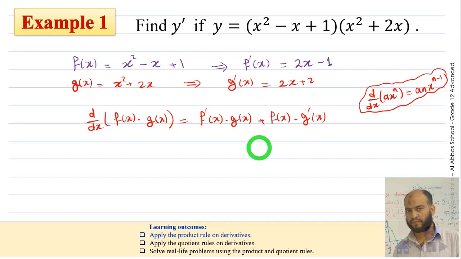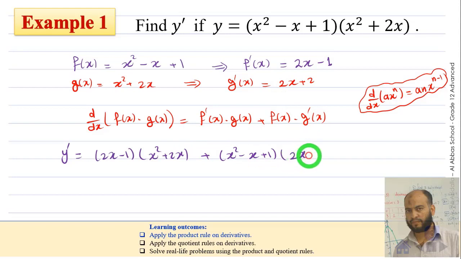Let's substitute what we know into the formula of the product rule. y prime equals f prime x, 2x minus 1, times g of x, x to the power 2 plus 2x, plus f of x, x to the power 2 minus x plus 1, times g prime, 2x plus 2.